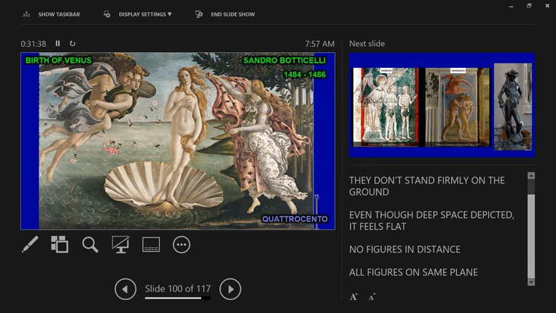The atmospheric perspective is not really there, and you don't really have people getting smaller and smaller as they go into the distance. That's why I added Waldo into the picture. And then all the figures seem like they're on the same plane. Again, it feels like they're in a department store window display.